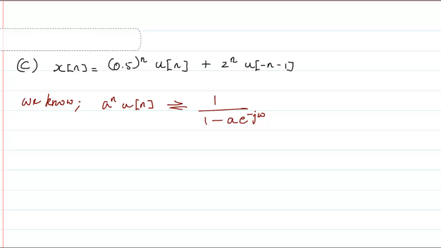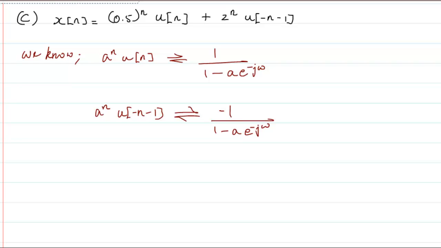We know that minus of a raised to power n u of minus n minus 1 gives the same value, that is 1 by 1 minus a e raised to power minus j omega. But since here it is going to be positive, I will take this negative and multiply it with another negative, so it will become positive, but on the other side it will get minus.